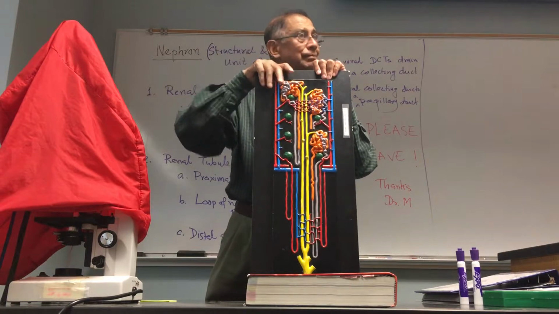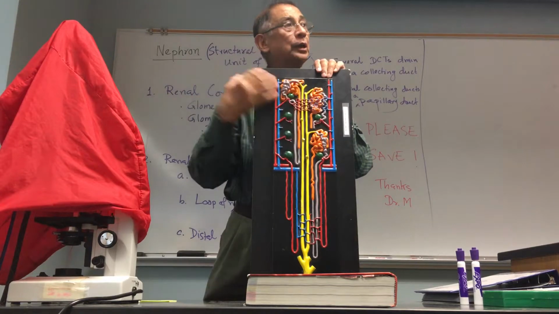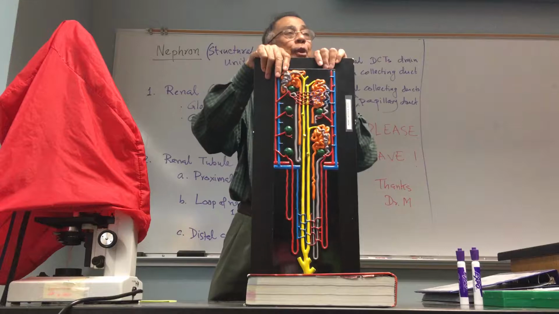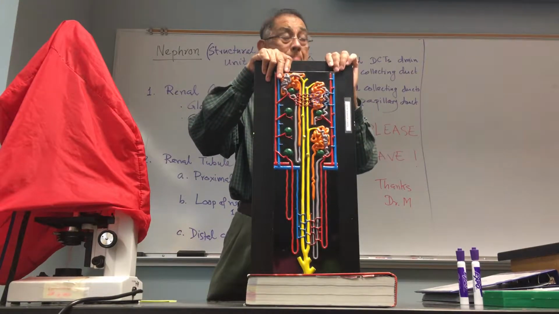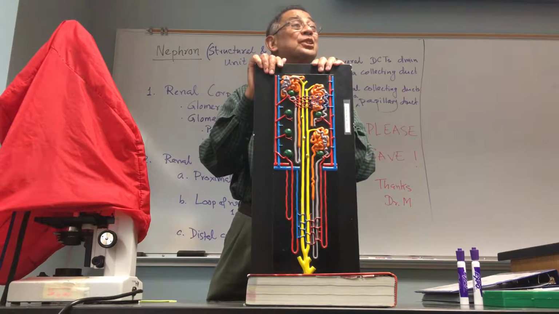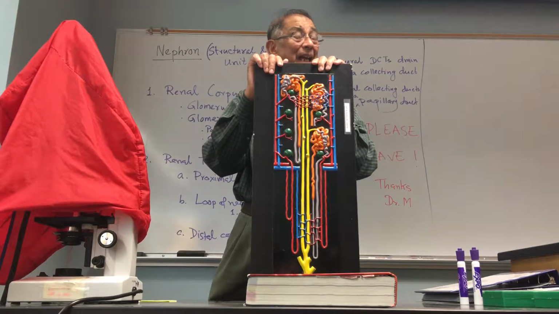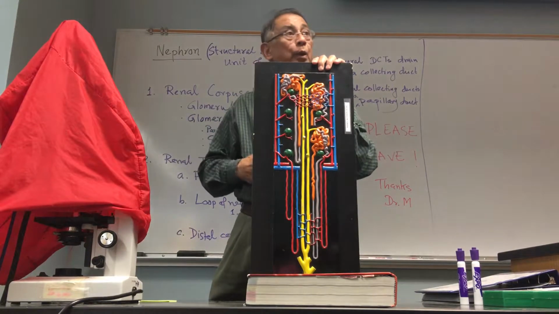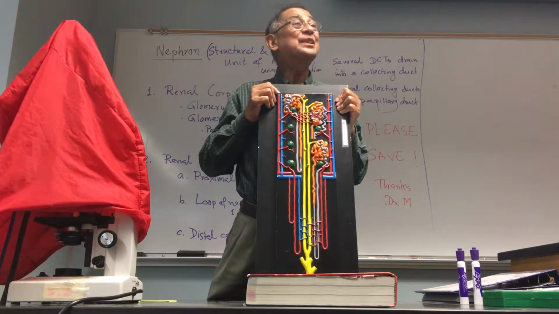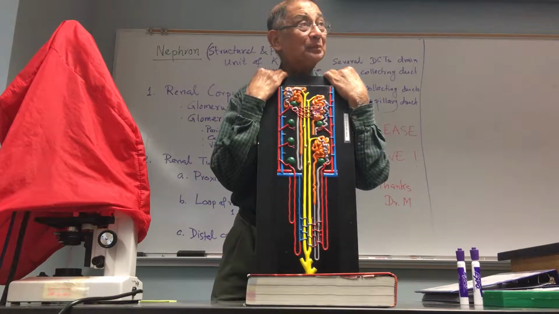If you measure the amount of filtrate formed in 1 minute in the glomerulus, called the glomerular filtrate, that amount is 125 milliliters per minute. And if you consider a day, it will be 180 liters of filtrate. So all the glomeruli in both kidneys process about 180 liters of blood, but we have only 5 to 6 liters of blood. Do you get that?